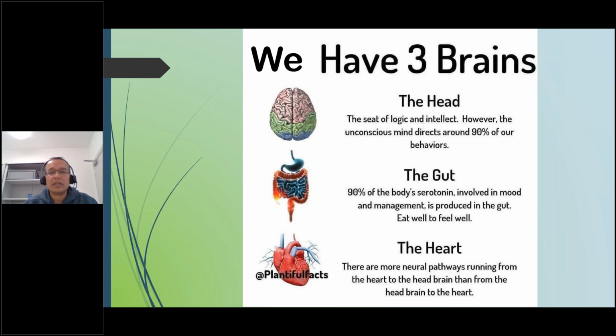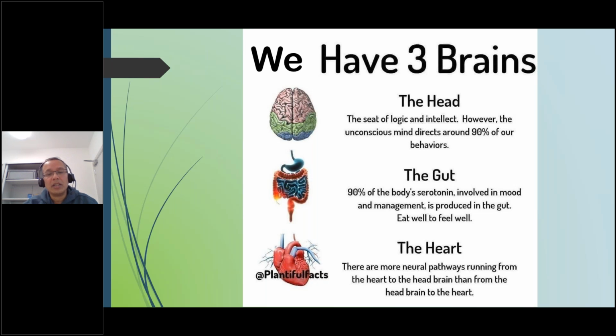So we actually have 3 brains, in the sense that we have a brain in the head, which is the seat of logic and intellect, but there are a lot of nerves coming out of our heart and our gut. There's our digestive system, and these also communicate with the brain.